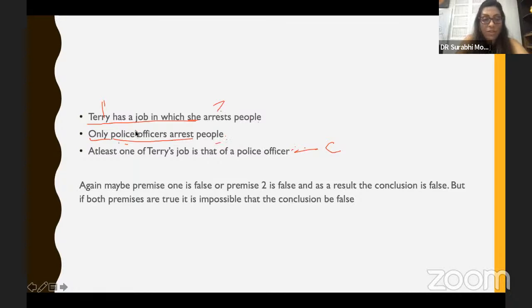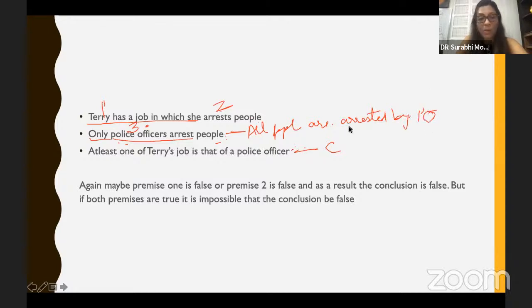And police officer is term 3. Right? Only police officers arrest people can be written as all people are arrested by police officers.